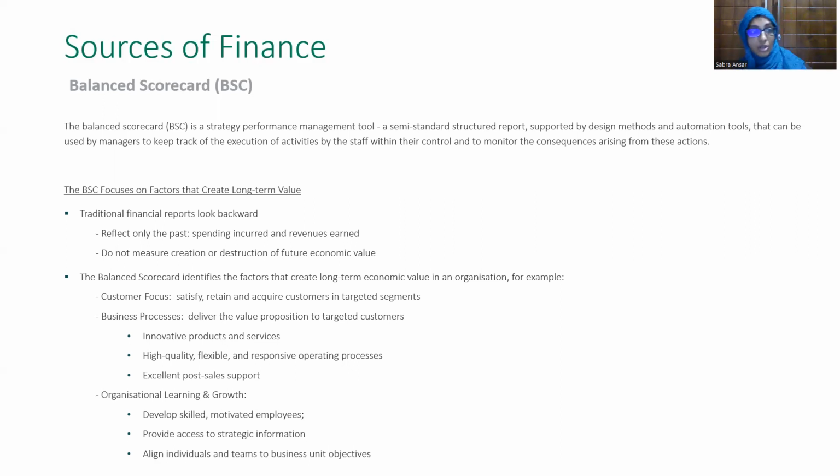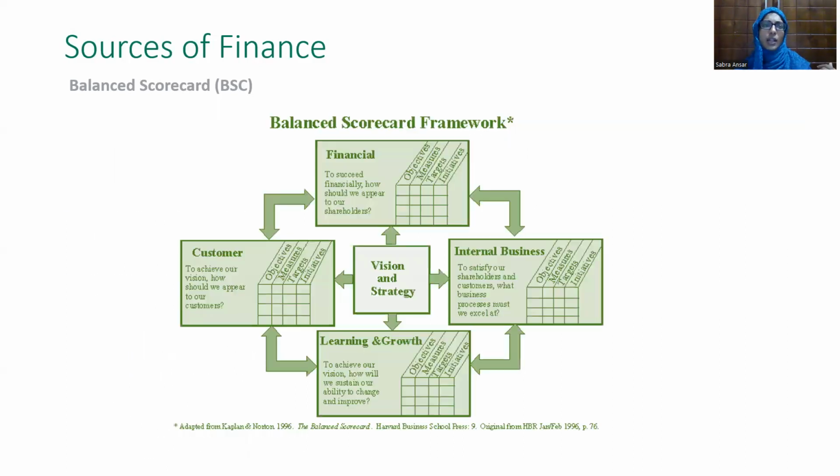As I said, the customer focus is included here, as well as the business processes and the learning and growth of an organization. So this is the balanced scorecard.